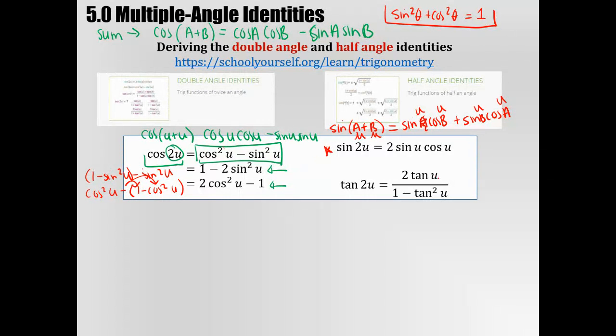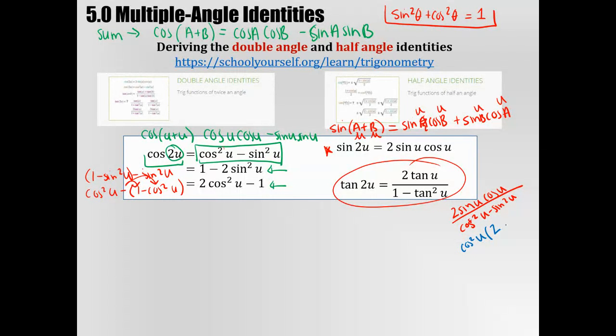And from these two, we can come up with tangent, right? Just like the quotient. So I could go ahead and do something like 2 sine of mu cosine of mu over cosine squared mu minus sine squared mu. I did something like this in the last video. I could factor out cosine squared. If I factor out cosine squared in the numerator, I'm going to end up with 2.